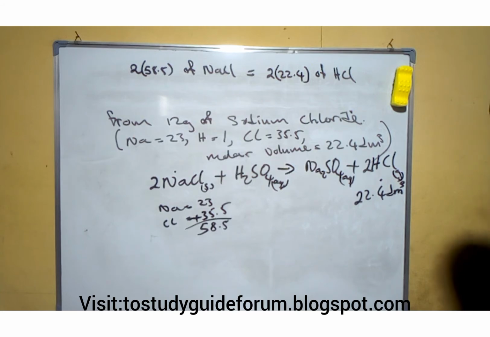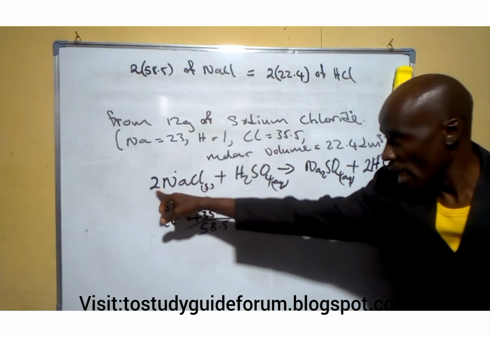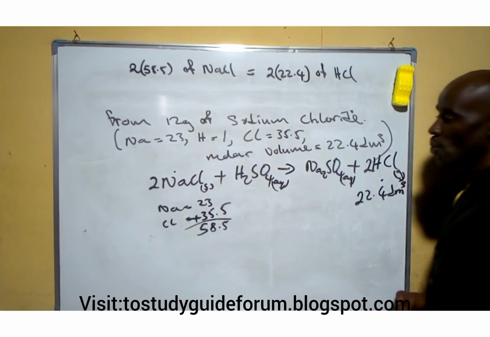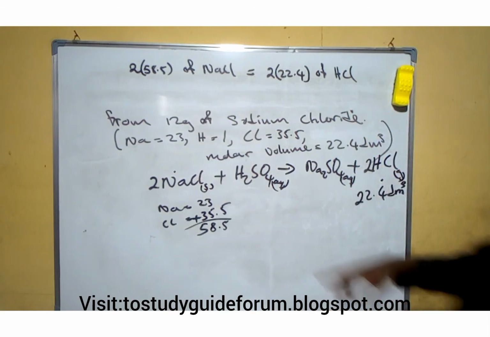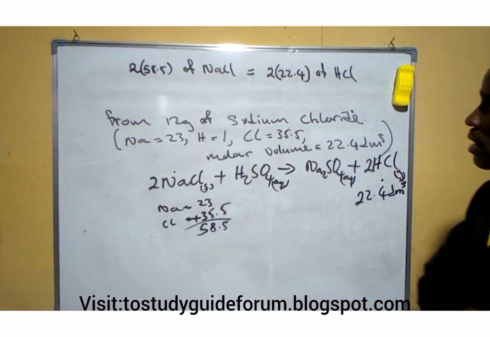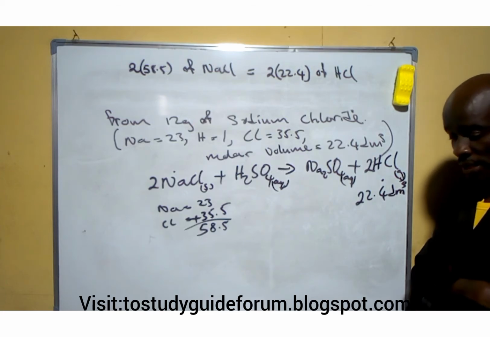You remember from the equation they have 2 attached to it. You understand? So when we do that, we talk about the 12 grams of sodium chloride. That is the most important area we're going to pay attention to.